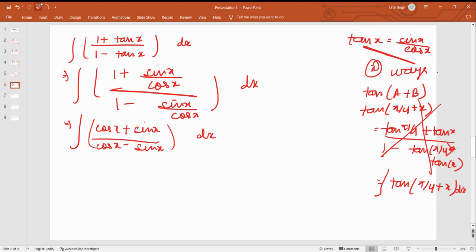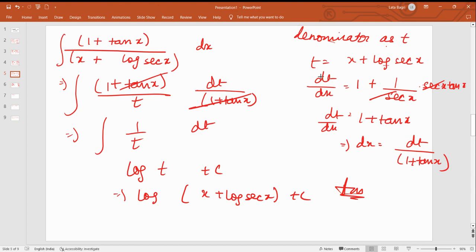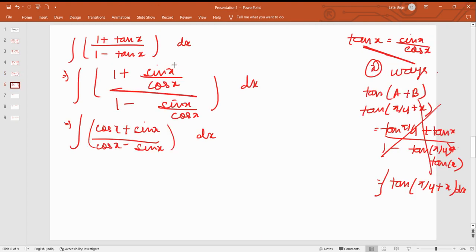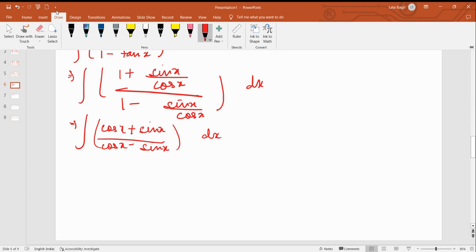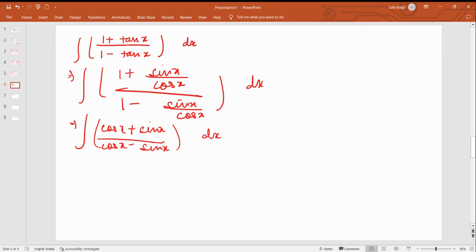So now what you can do is, sorry, just 1 minute. Now I can replace the denominator with t. Correct? So t is the numerator, I think we should replace by t.